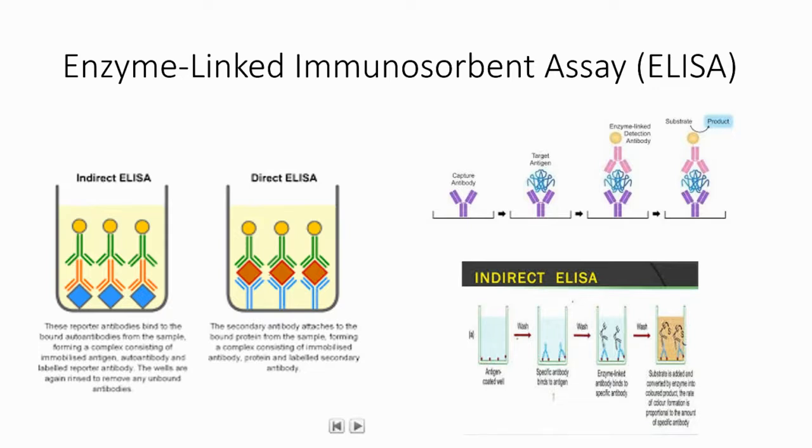If it's on the right side, the well is coated with the antibody, which can be a recombinant antibody, then you add a clinical specimen to the well, so only the antigen will bind to this antibody, and again that will give you the signal. So this is direct ELISA.